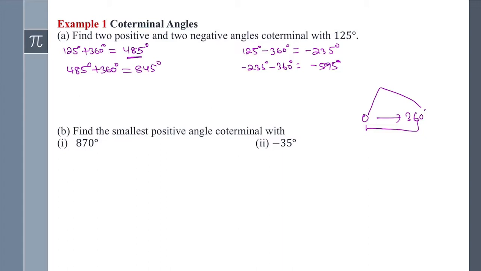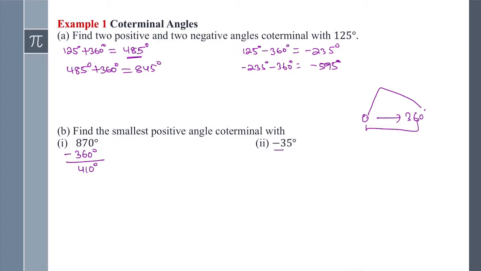But if you have a negative angle, then we keep adding 360 until we get a positive number between 0 and 360. So for example, we have 870 degrees here. When we subtract 360 degrees from 870 degrees, we get 410 degrees. This is also a coterminal angle with 870 degrees, but it's not the smallest positive, because for it to be the smallest positive, it has to be between 0 and 360 degrees.